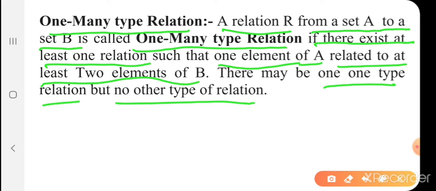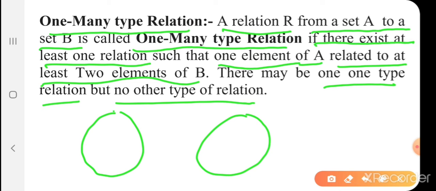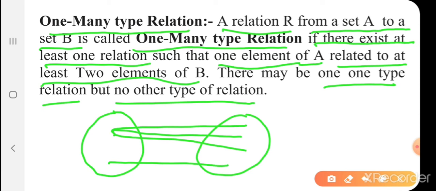This type of relation is called the one many relation. You see, this is set A, this is set B. Now you take one element from this, and it is related with two or more elements. There may be the one type, but here one element is related with three elements: this is one, this is two, this is three. So this is a one many type of relation.